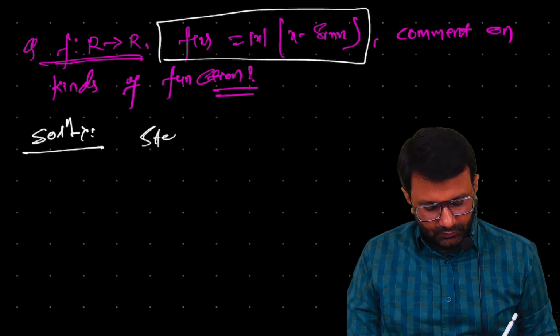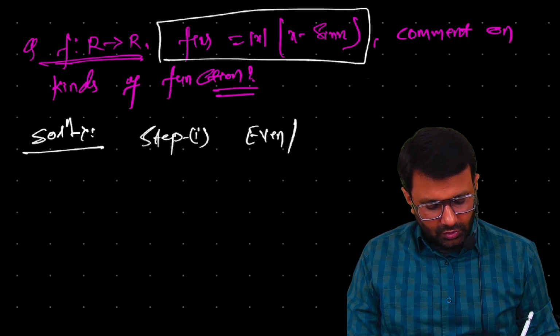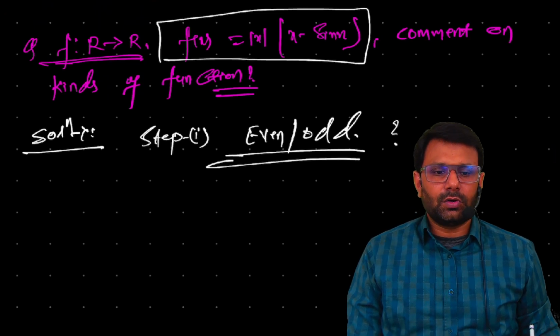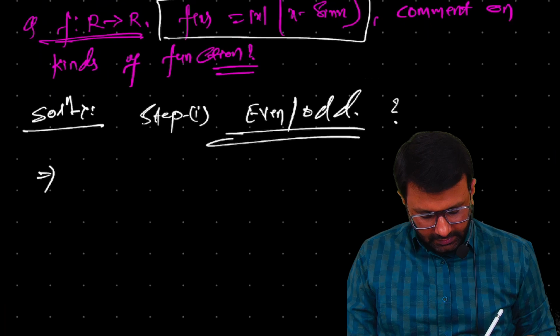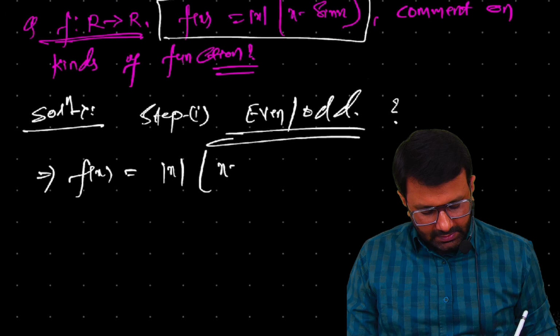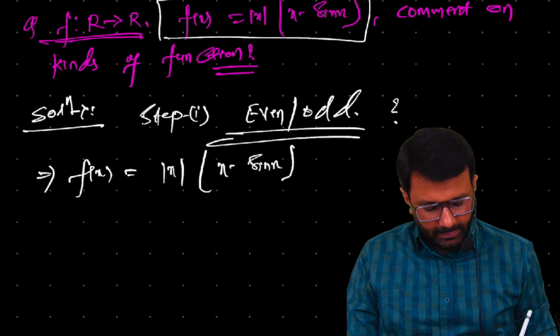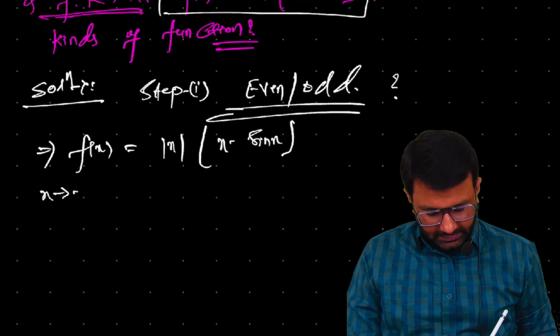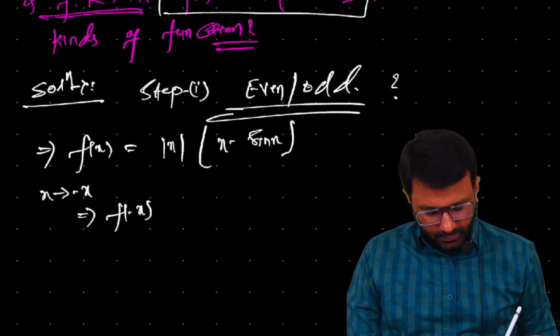So step 1: decide here even or odd function. Clear? Even or odd. So write here: f(x) is equal to mod x into (x minus sin x). Now replace x by minus x. So what is f of minus x?